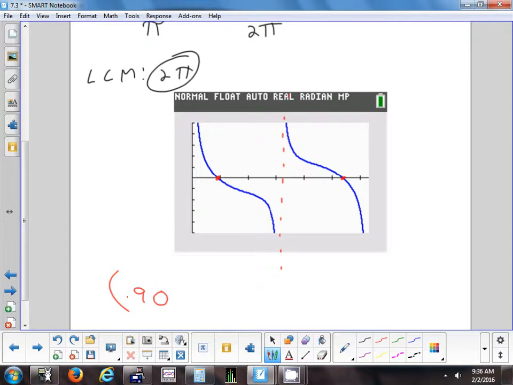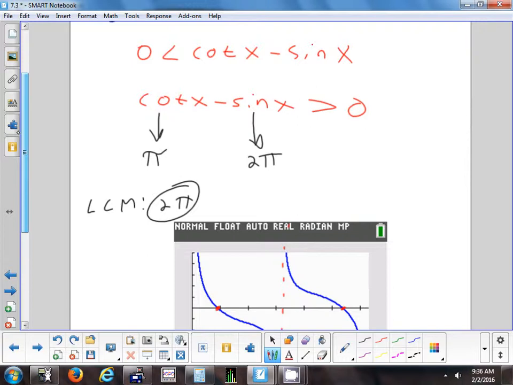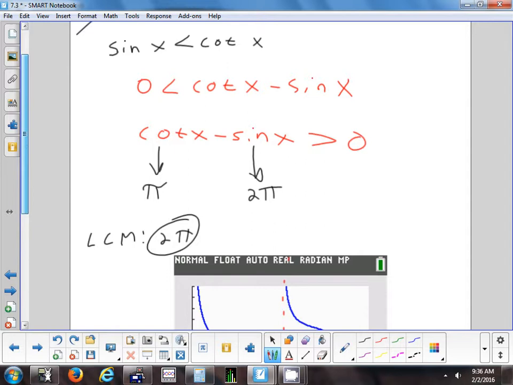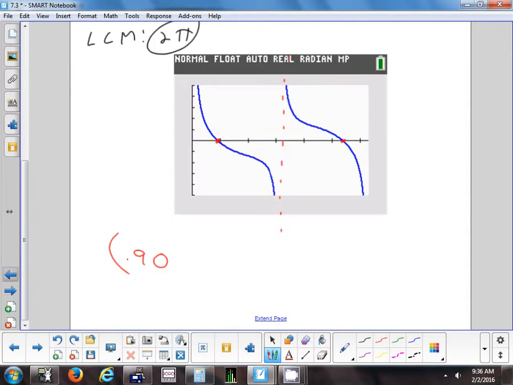So this is where we have to remember what the asymptote is for tangent. You could also look at it: our window is 0 to 2 pi, and this asymptote looks like it's right in the middle of the screen. Are we finding where it's greater than 0? Greater than 0, yes. Thank you, I was doing less than 0. That's okay, we still need this 0.90 though.